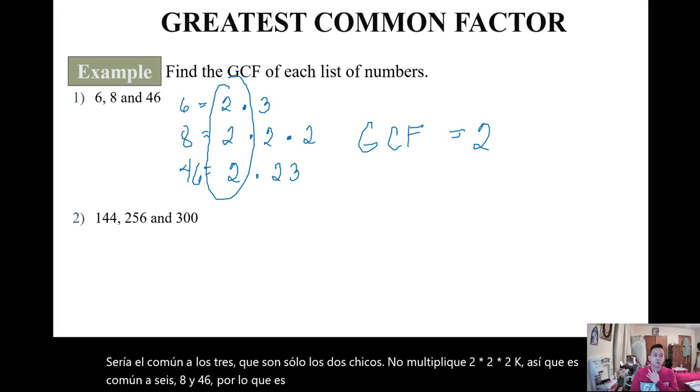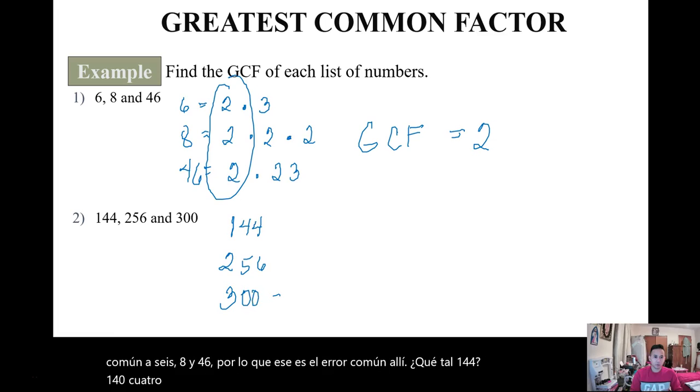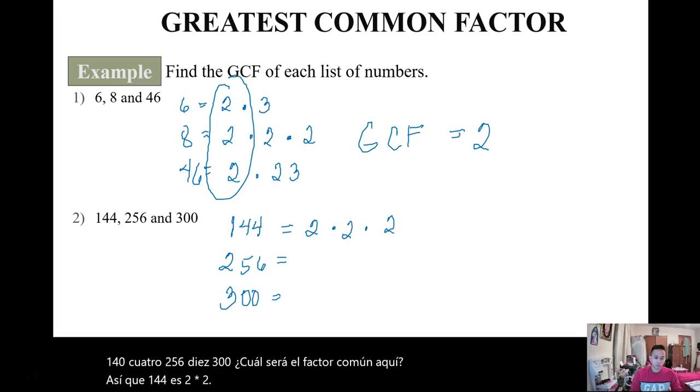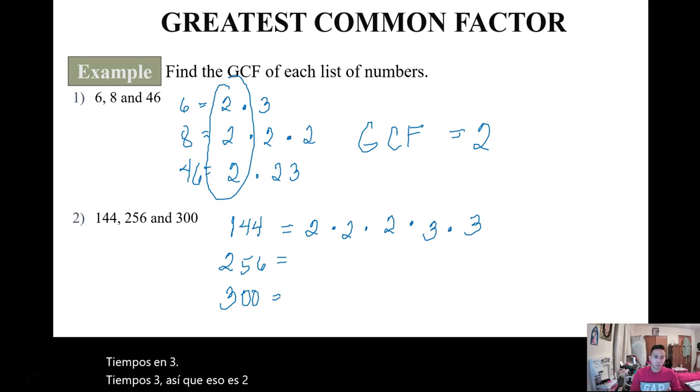How about 144, 256, and 300? What will be the common factor here? So 144 is 2 times 2 times 2 times 3 times 3. So that's 2 times 2 is 4, times 2 is 8, times 3, and then times 3.